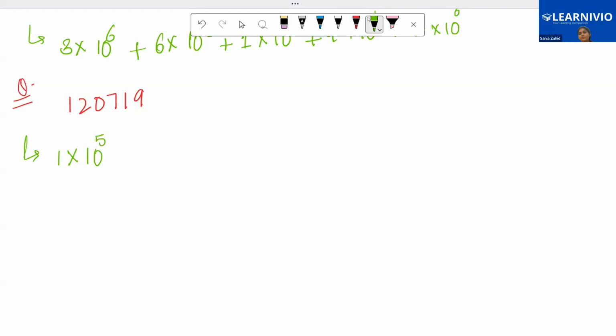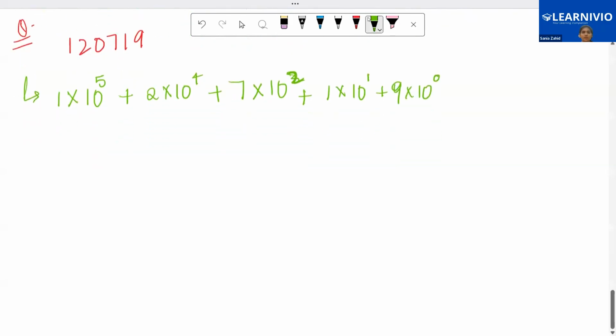Then 2 into 10 to the power 4. Then 7 into 10 to the power 2. Then 1 into 10 to the power 1 and 9 into 10 to the power 0. Okay, very good.